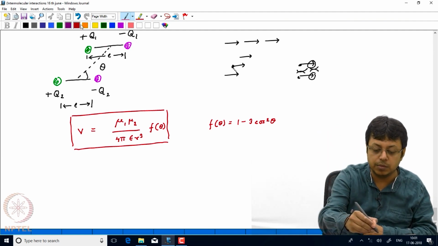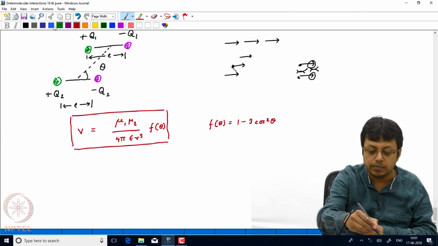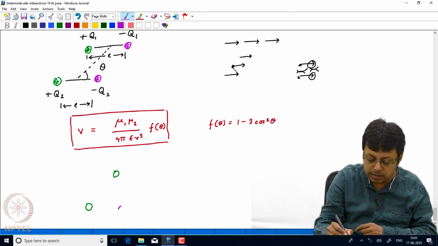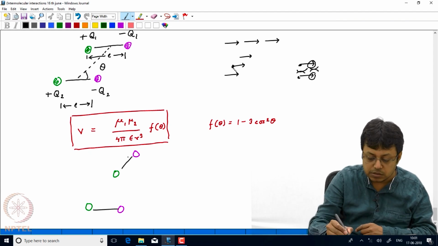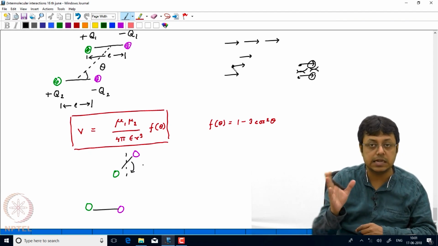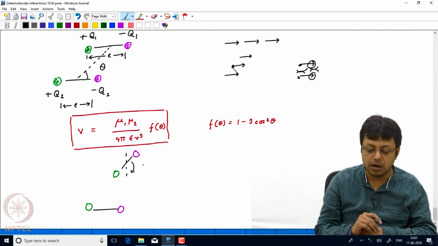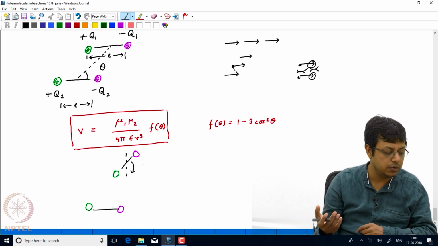But in the most general case, you could have the second dipole oriented differently, meaning the first dipole is something like that, but the second dipole is something like this. Then you are talking about another angle, which is the tilt angle of the dipole, and that we are not considering right now. So we are only considering the interaction between two dipoles which are parallel to each other.